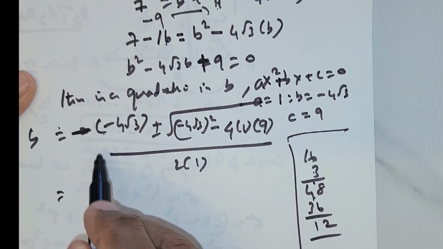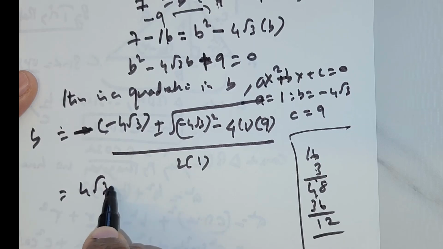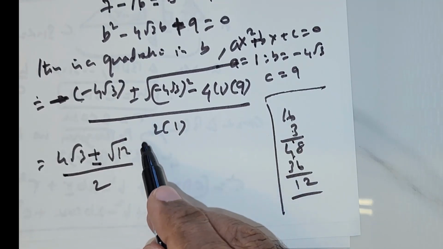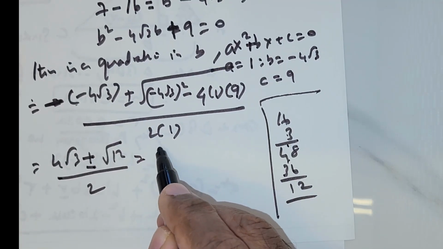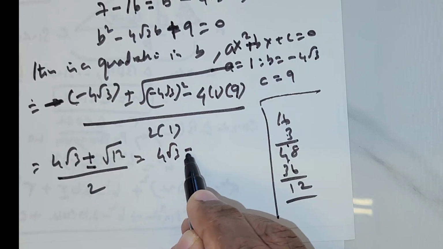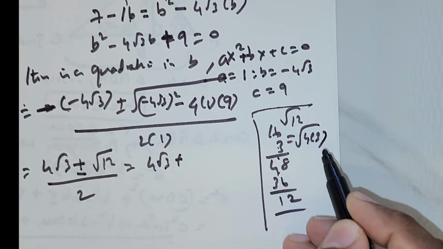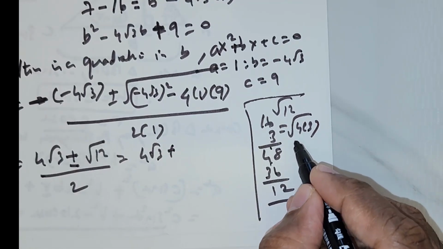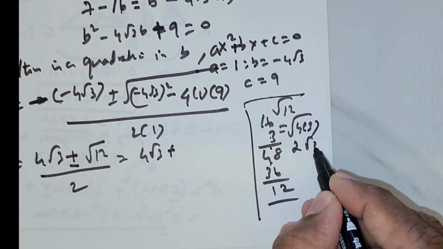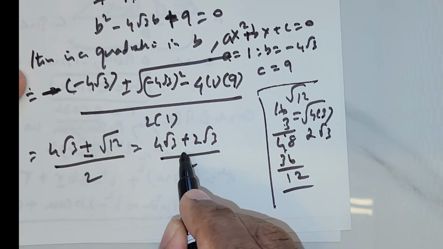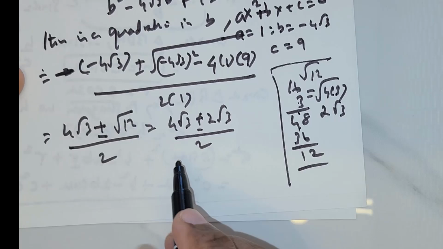So this is going to be 4 root 3 plus or minus root 12, divided by 2. I can write 12 as 4 times 3, so the root is 2 root 3. So 2 root 3 divided by 2. Of course, there's a plus and minus there.